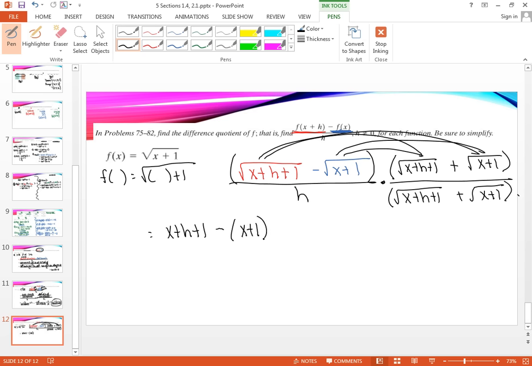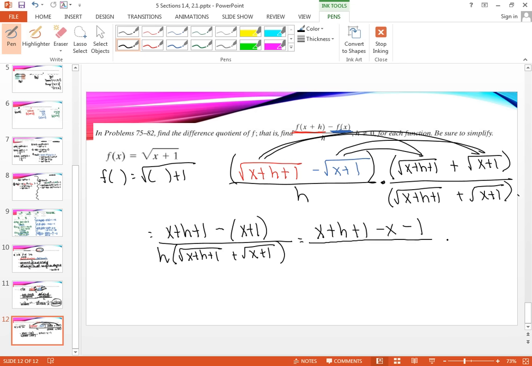I put the parentheses because that minus sign I have to subtract the whole entire x plus 1, over h times the square root of x plus h plus 1 plus the square root of x plus 1. On the top, x plus h plus 1 minus x minus 1, over h times square root of x plus h plus 1 plus square root of x plus 1.